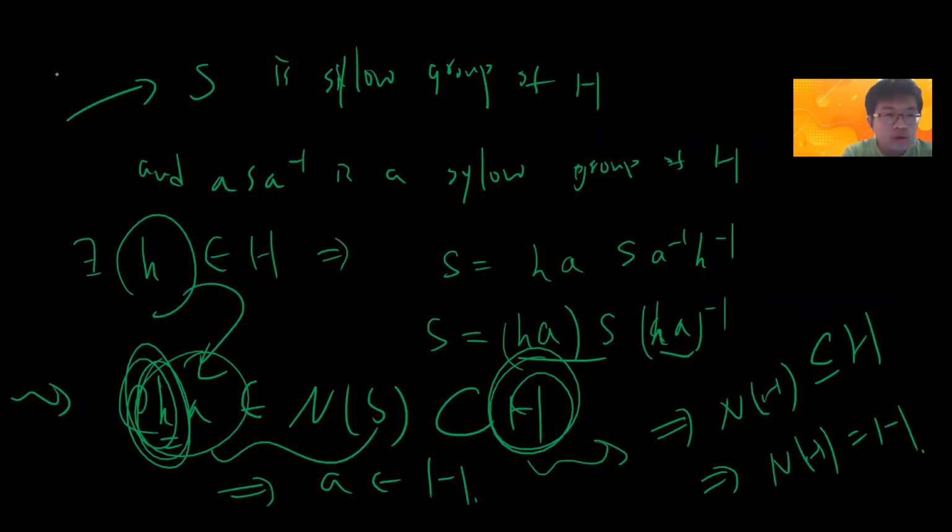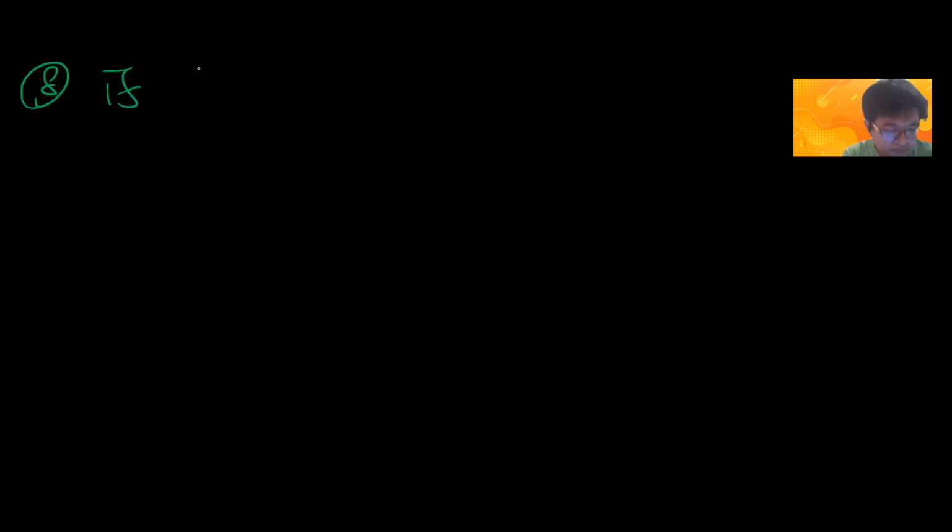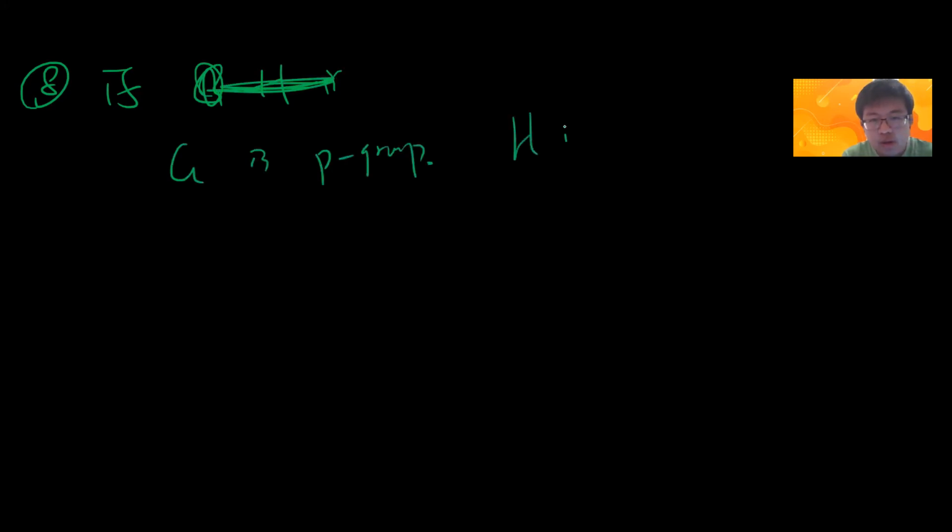Okay, so number 8: if G is a P group and H is a subgroup. Well, definitely a P group means that G has prime power order, right?